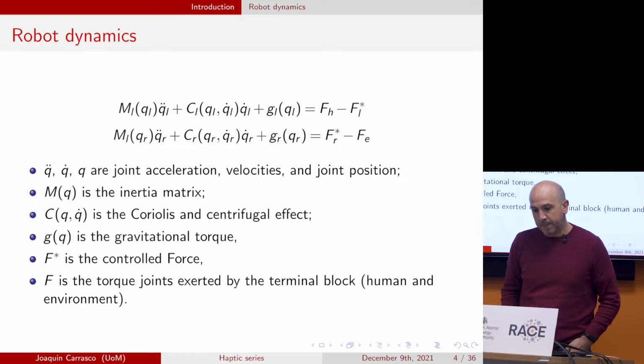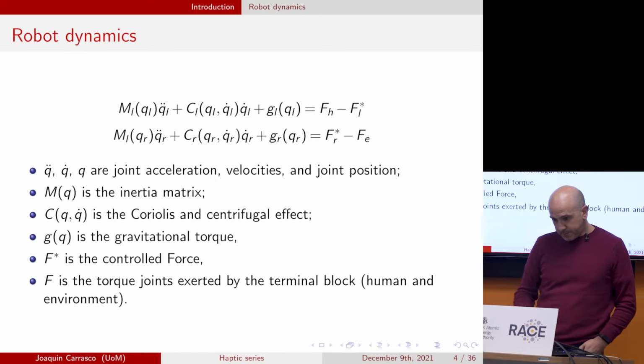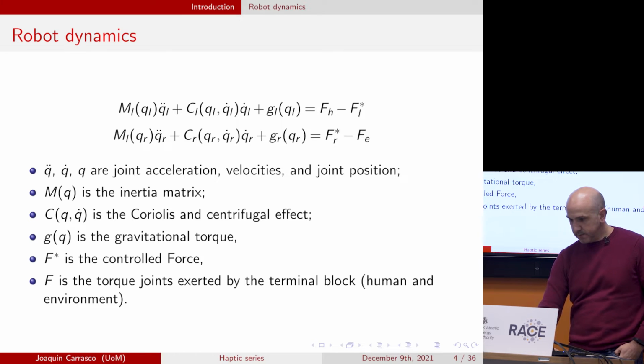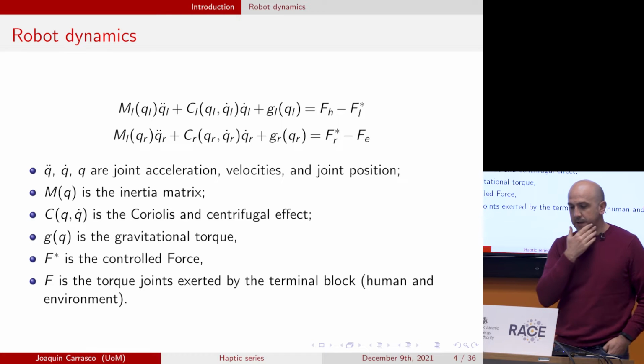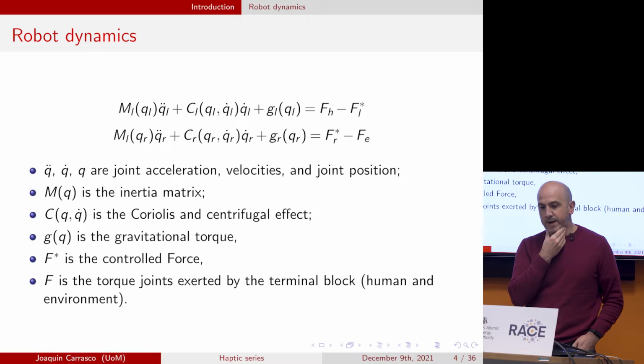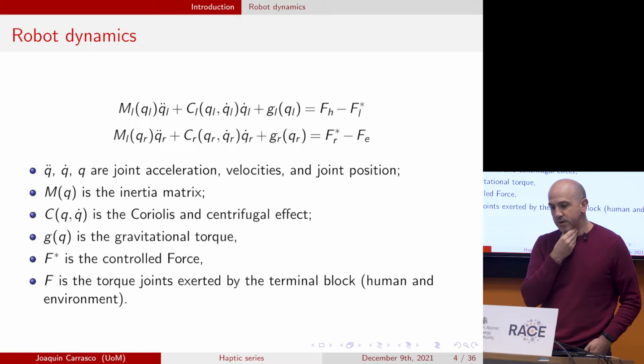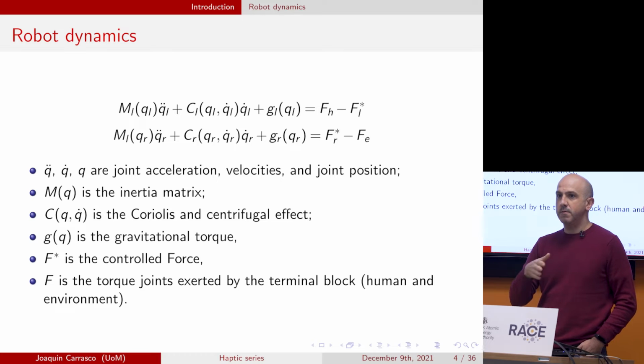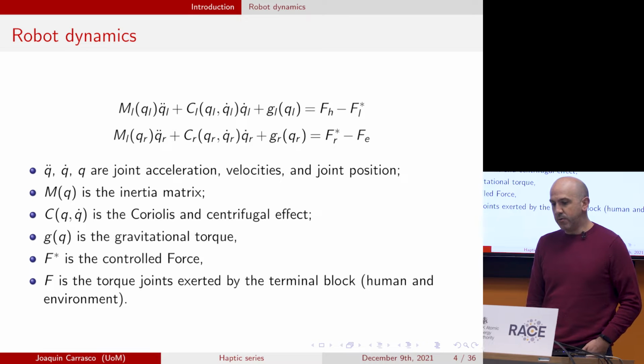So the C matrix here is the combination between these two different effects. And this C can be obtained algorithmically with simple equations.